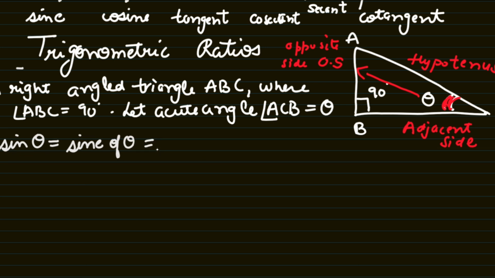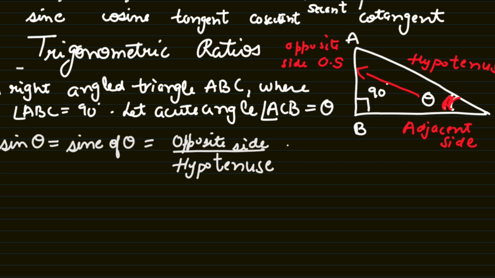Sine theta is the side that is opposite to angle theta, that is the opposite side, divided by the hypotenuse. Here the opposite side is AB and the hypotenuse is AC. So sine theta is AB upon AC.